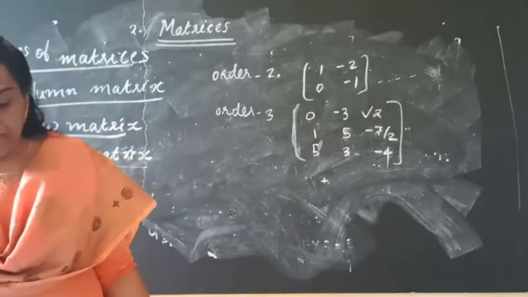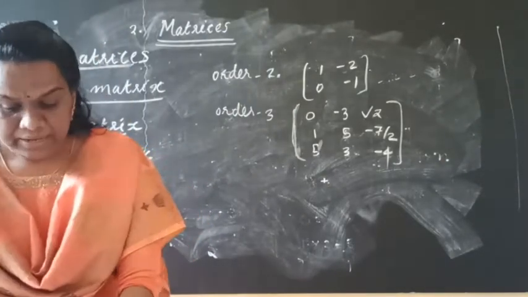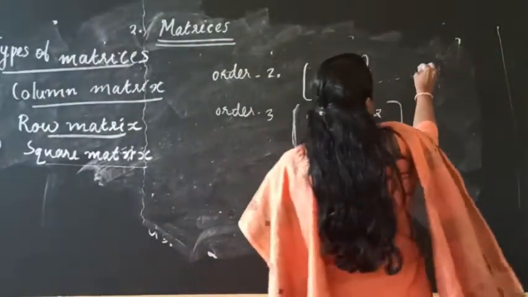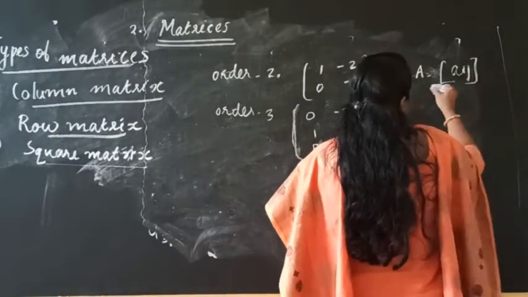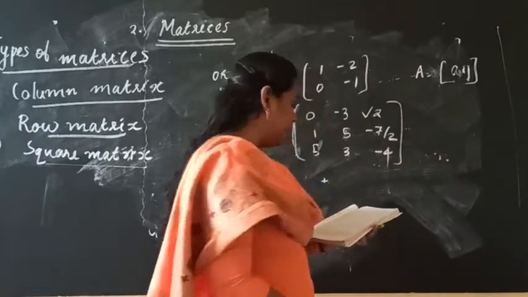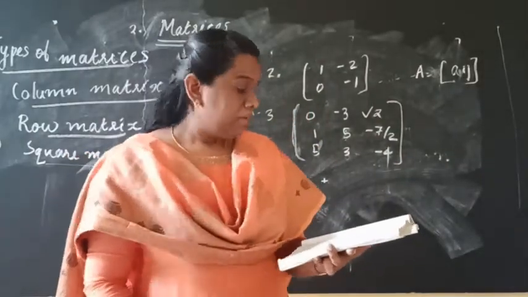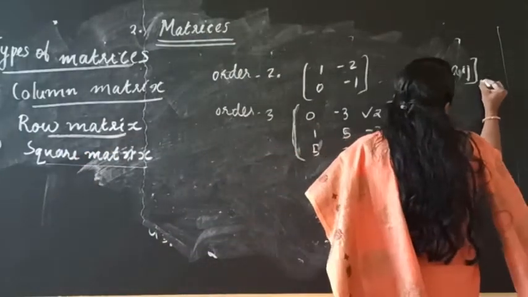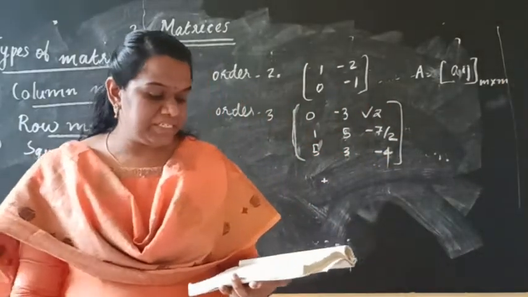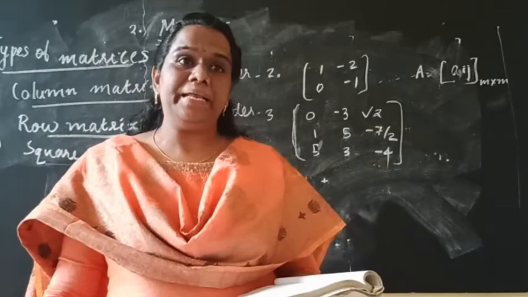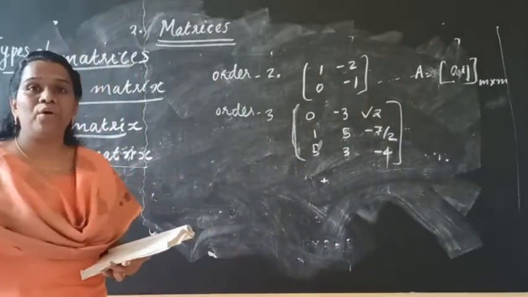We usually write in general A is equal to matrix Aij. What is the order? m by n. It is a square matrix of order m. Is it m or n?